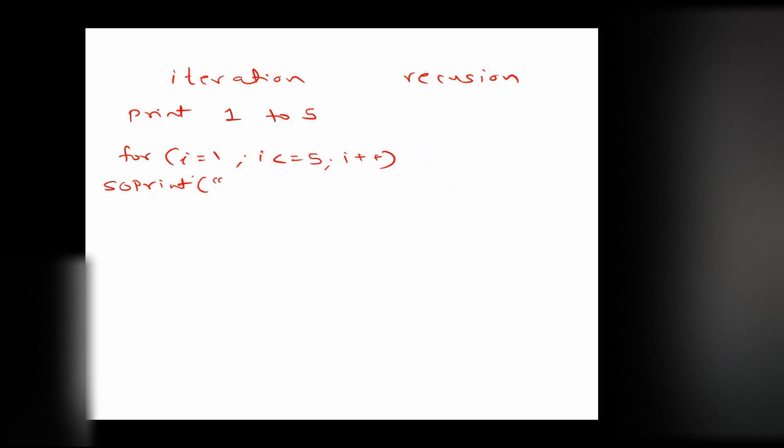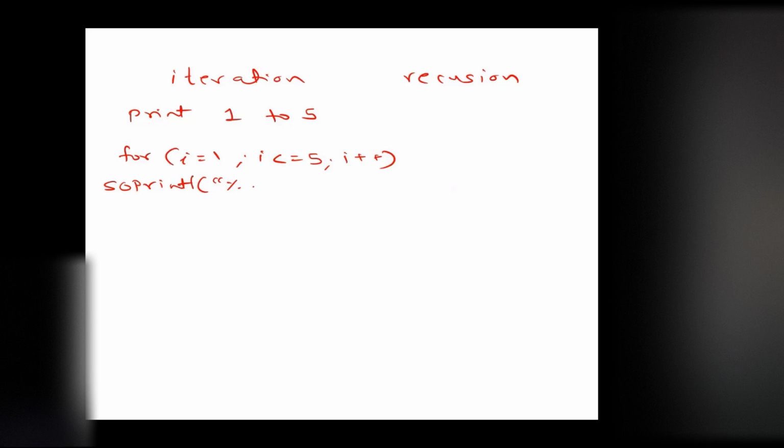So in iteration, let's say you want to print numbers 1 to 5. We can simply say for i equal to 1, i less than or equal to 5, i plus plus, and then System.out.print.